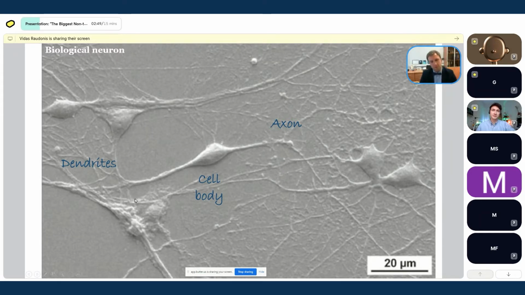Usually it's drawn like this, from left to right: we get inputs through the dendrites. This signal goes to the cell body, and if the cell body is stimulated enough, it shoots the signal back through the axon and stimulates other neurons.